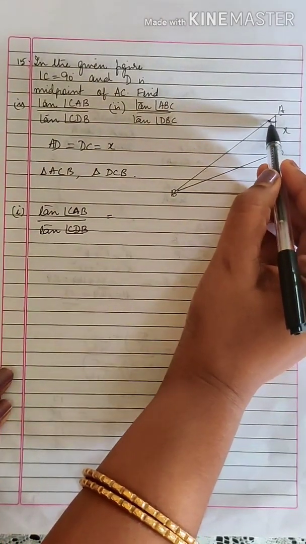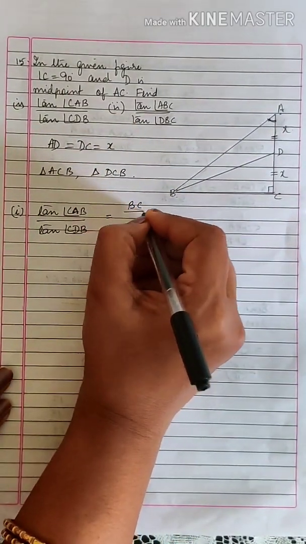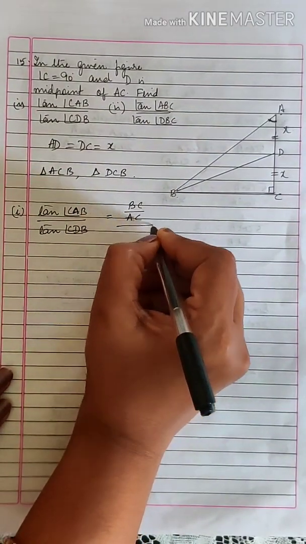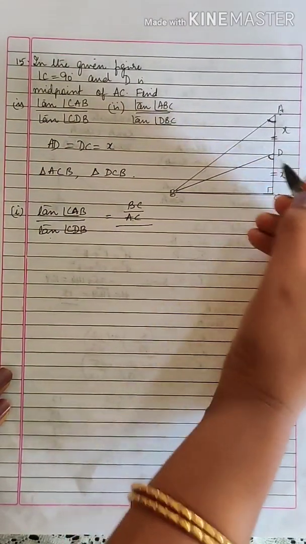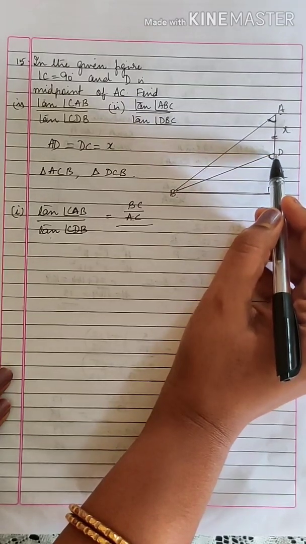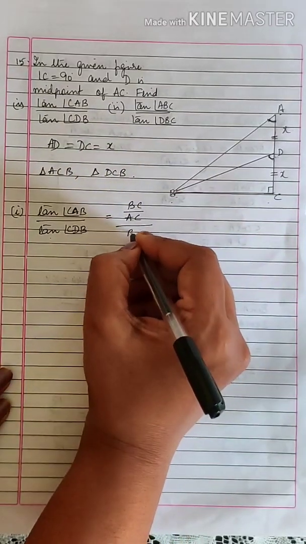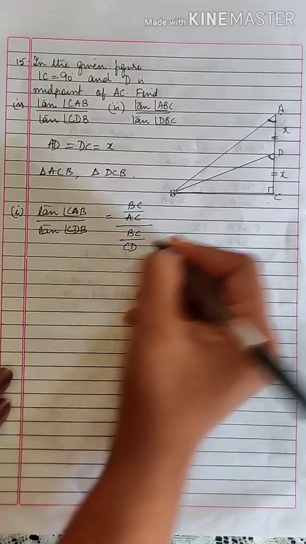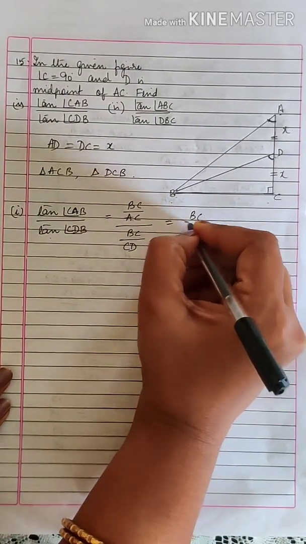So with respect to this angle, your perpendicular will be BC and the base will be AC. Now tan angle CDB, here the reference angle is D. So for this angle D and in triangle DCB, the perpendicular will be BC and the base will be CD.